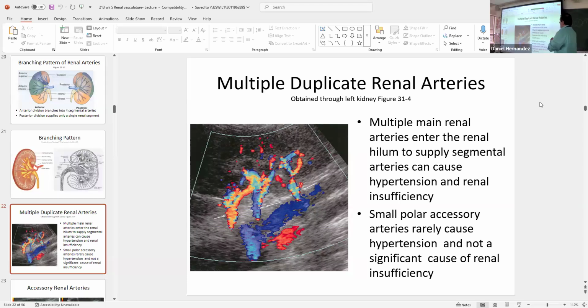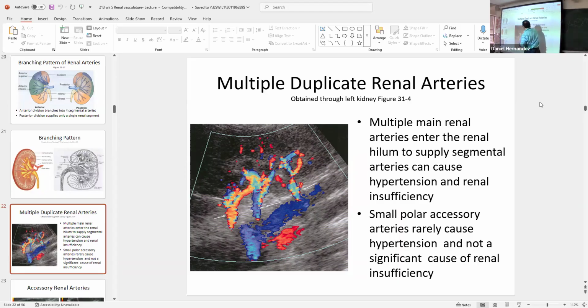Some patients might present with duplicated renal arteries. Multiple main renal arteries might enter the renal hilum and supply the segmental arteries. This can cause patients to potentially present with hypertension, renal insufficiency. This might be a little more common in patients who have what's referred to as a duplicated system or duplicated kidney, where they actually have two ureters exiting the kidney, and the kidney is almost operating as two independent kidneys that have been fused together.